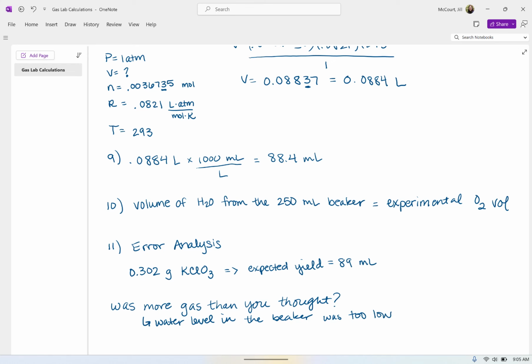So maybe some gas leaked, or perhaps the gas that went through the tube, like there's that distance that the water had to flow. Maybe all of the water didn't get out through the tube or something like that. So how would that affect your data?